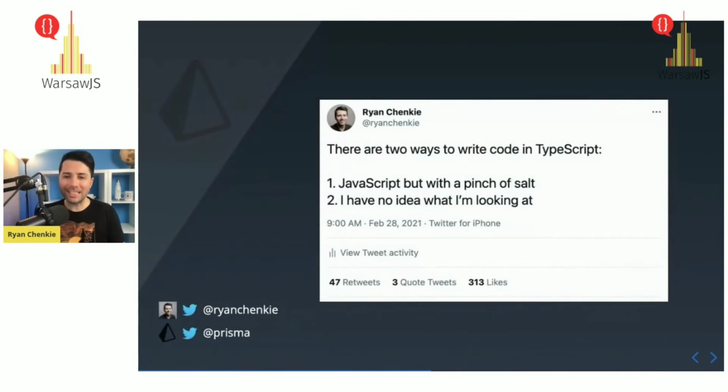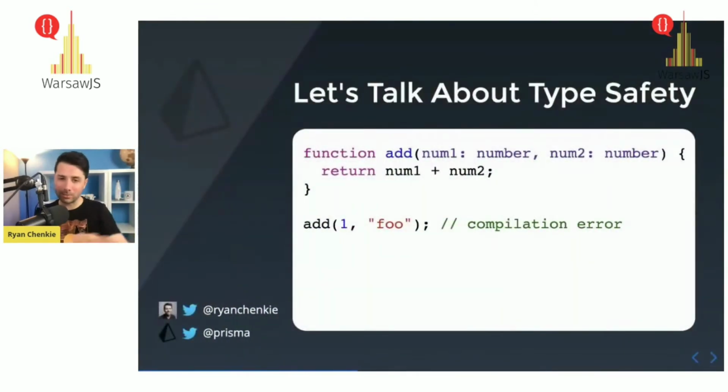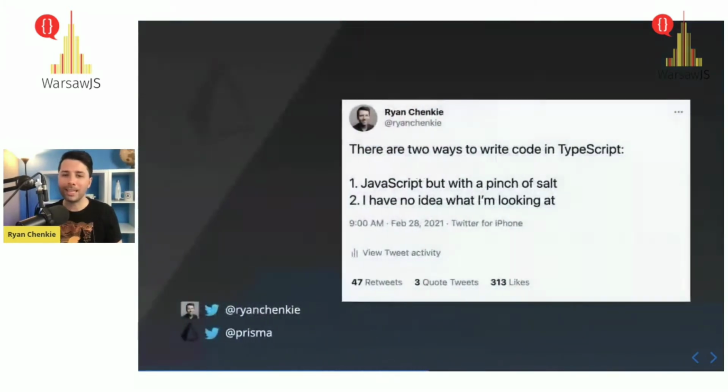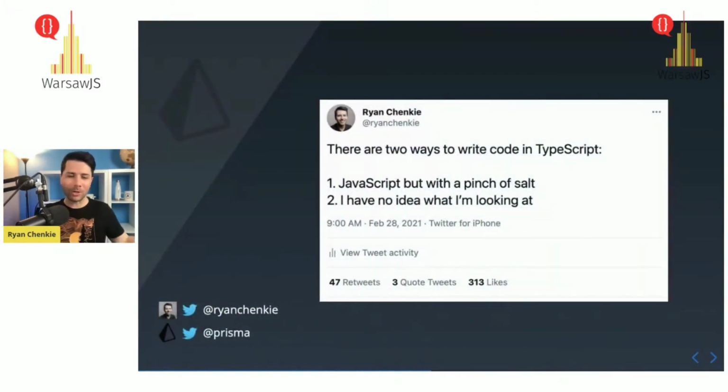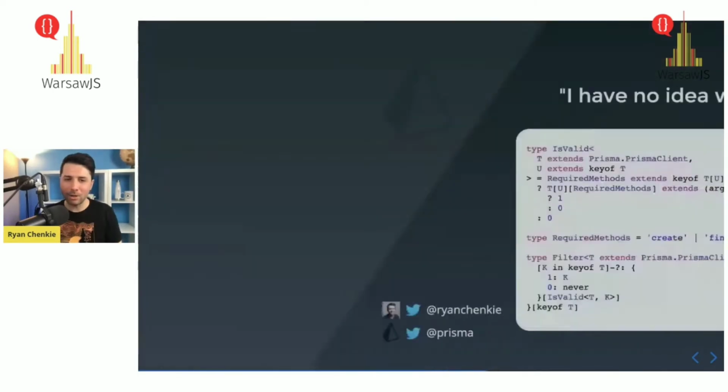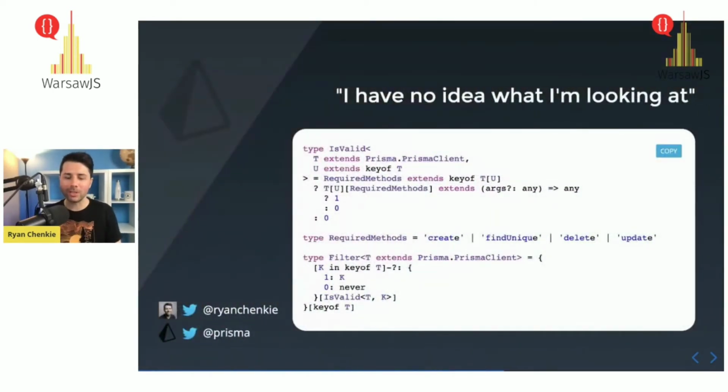There is this thing with TypeScript I've been finding, though, and I put out this tweet the other day, which seems to resonate with people, that there's kind of two ways to write TypeScript, or at least it seems like that to me. The first way is JavaScript with just a little pinch of salt, just a little bit of TypeScript, kind of like we've done here, right? Just type in the two parameters, and away we go. But the other way is to do something where you have no idea what you're looking at. And I have found that to be true myself when I look at TypeScript code that looks like this.